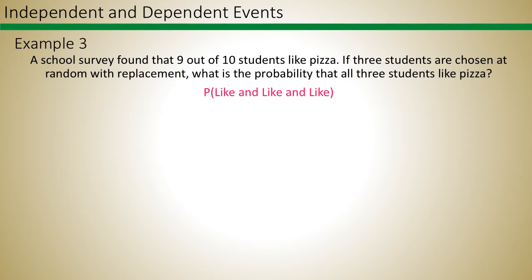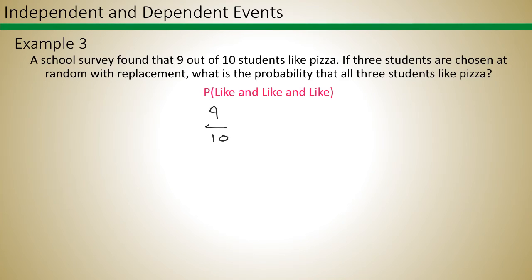Okay, here's another example. It says a school survey found that 9 out of 10 students like pizza. If 3 students are chosen at random with replacement, what is the probability that all 3 students like pizza? Okay, so what that means is I'm picking a student, but then I'm putting them back in the group. So I actually could pick that same student again. Okay, so the probability that a student likes pizza is 9 out of 10.